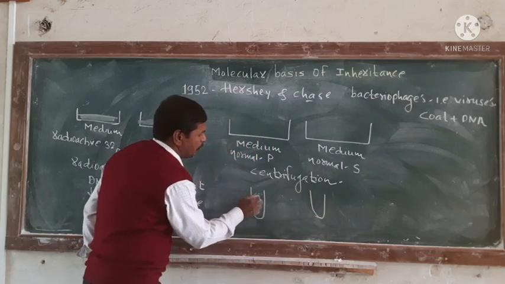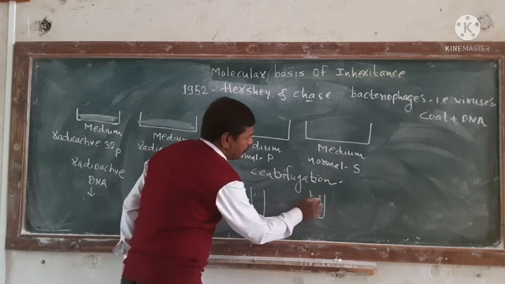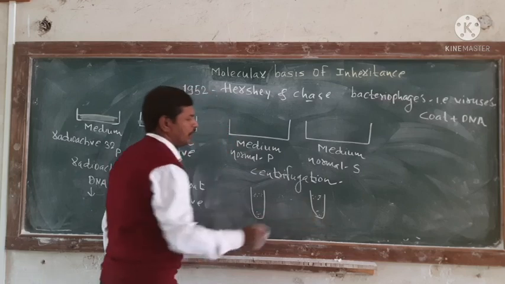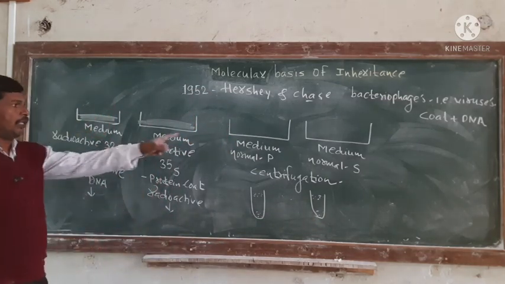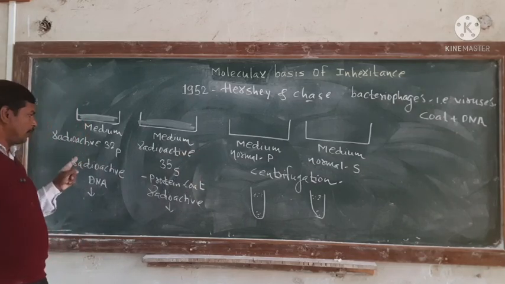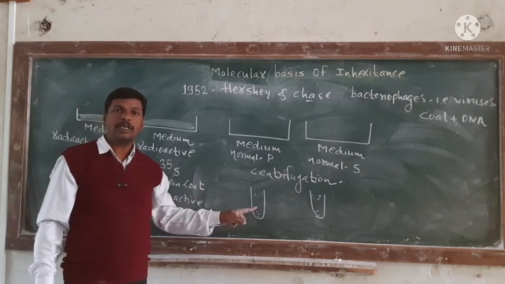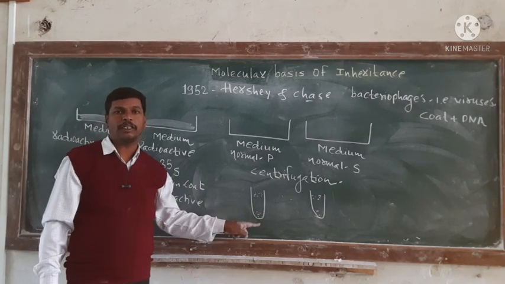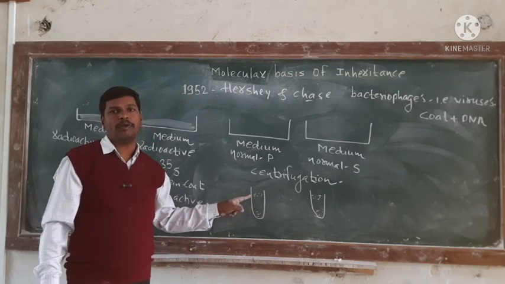The supernatant is present here, and the cells are present here within the test tube. When they observe the test tube, the bacteria infected by the radioactive DNA, the cells, show radioactivity, and there is no radioactivity in the supernatant.